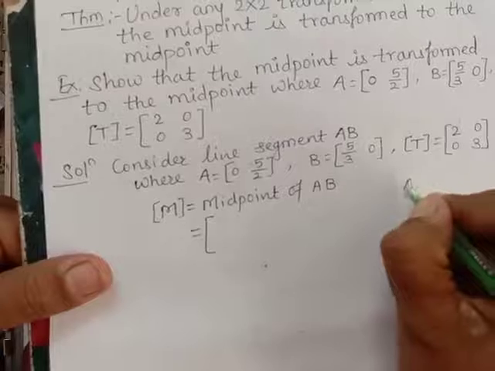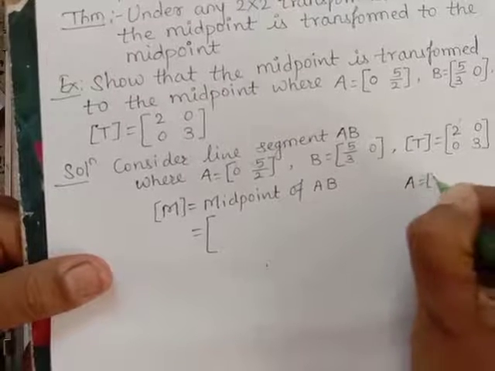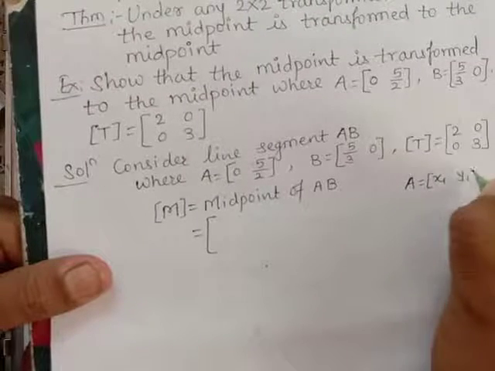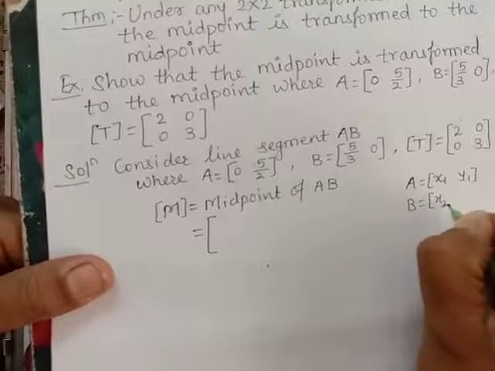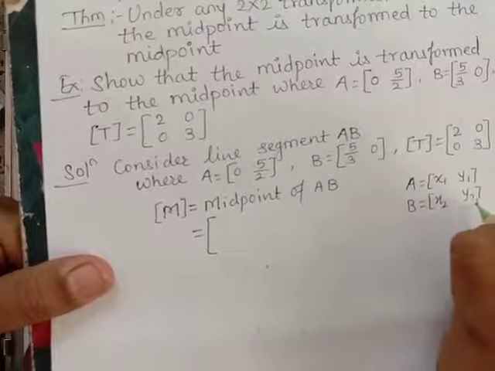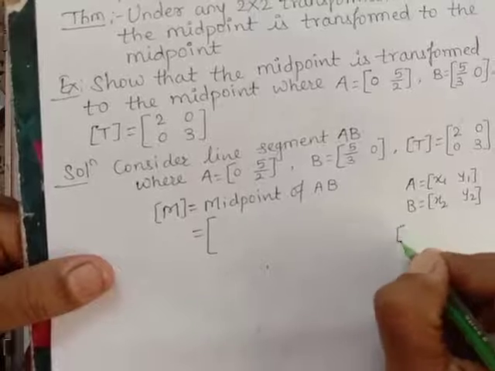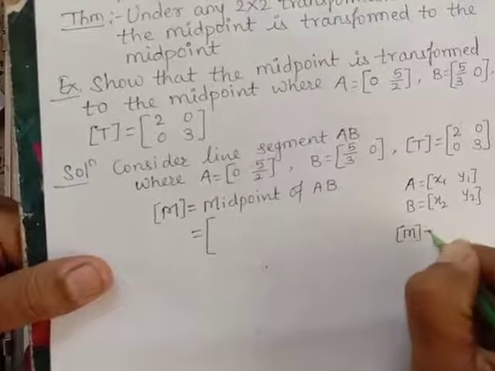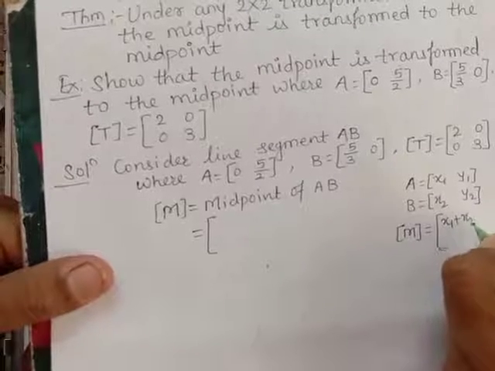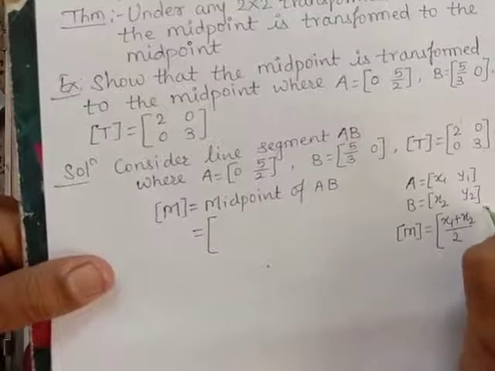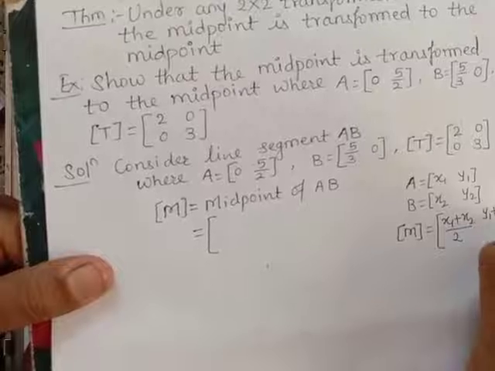Suppose A is (x1, y1) and B is (x2, y2). Then what is the midpoint here? The midpoint will be ((x1 plus x2) upon 2, (y1 plus y2) upon 2).